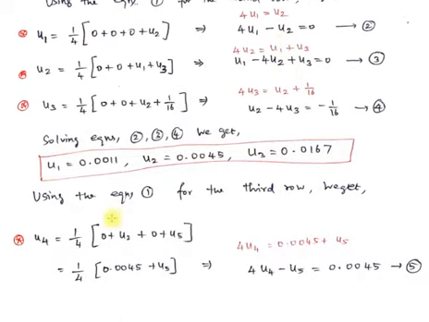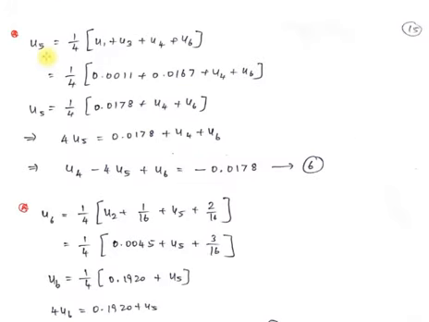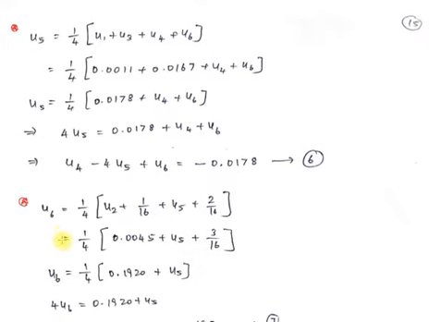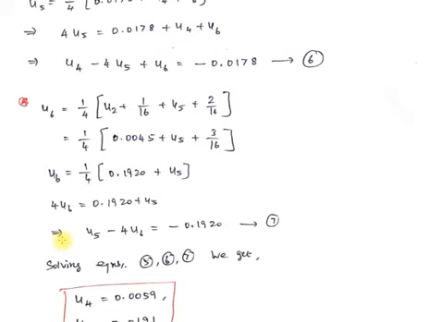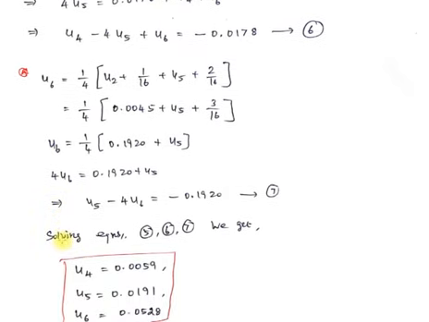We already know u2 equal to 0.045. So put u2 equal to 0.045. Then simplify this. For u4 minus u5 equal to 0.0045. Similarly, we find out u5 and u6 with the other two elements and constants. So we get the equations.